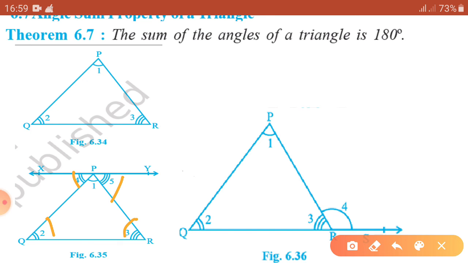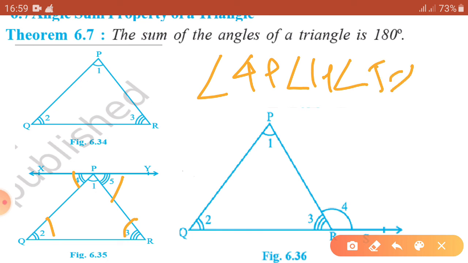So substituting angle 4 and angle 5 in the equation, the equation was angle 4 plus angle 1 plus angle 5 is equal to 180 degree. Okay, so we are substituting the value of angle 4 and angle 5.